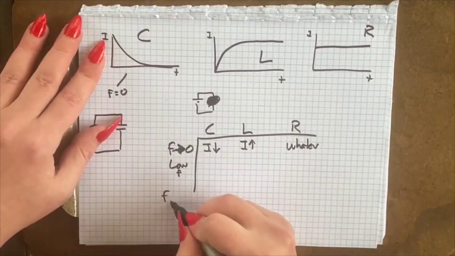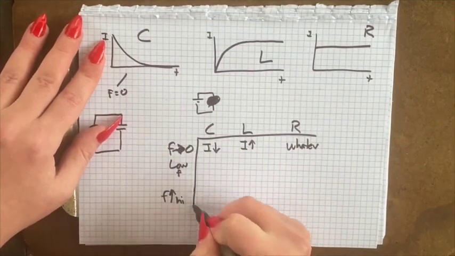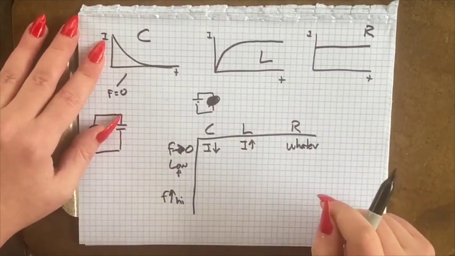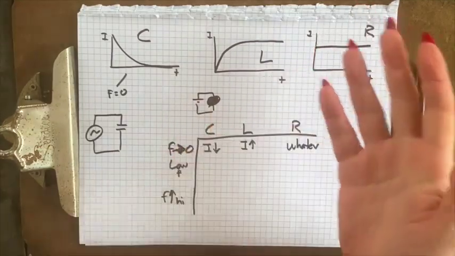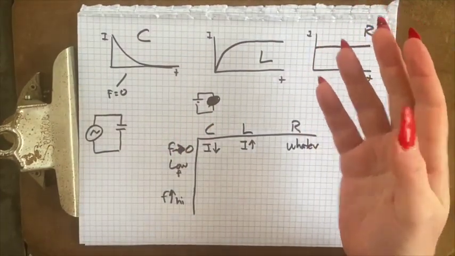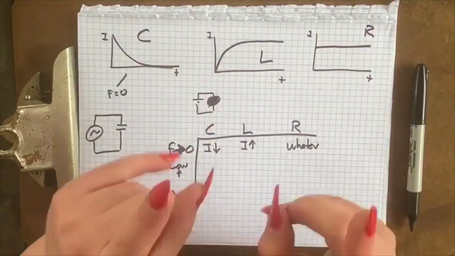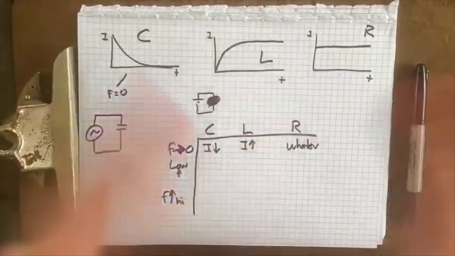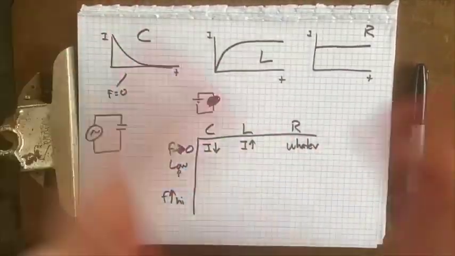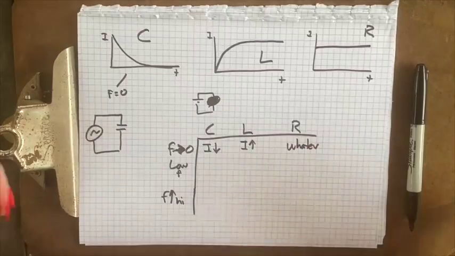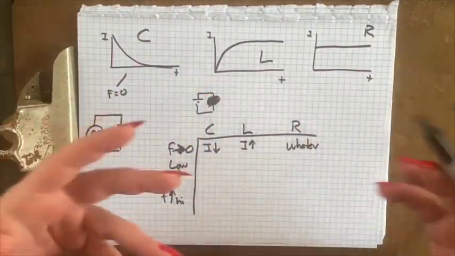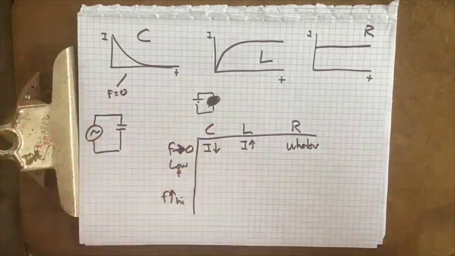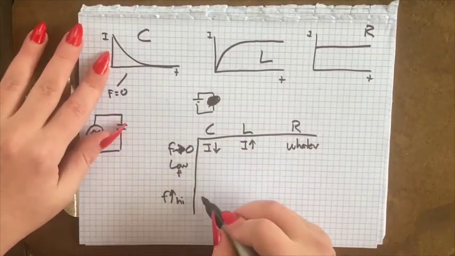What if we turn the frequency up? Close to infinity, really super high. In that case, here's the capacitor, and you're going to throw current onto it and then yank it off really quick before the capacitor ever really has a chance to completely fill. So you're always seeing the current flowing in and out really quickly without a whole lot of interference from the capacitor, or not a whole lot of, I don't know, we can say it's not reacting well or it's not resisting much.